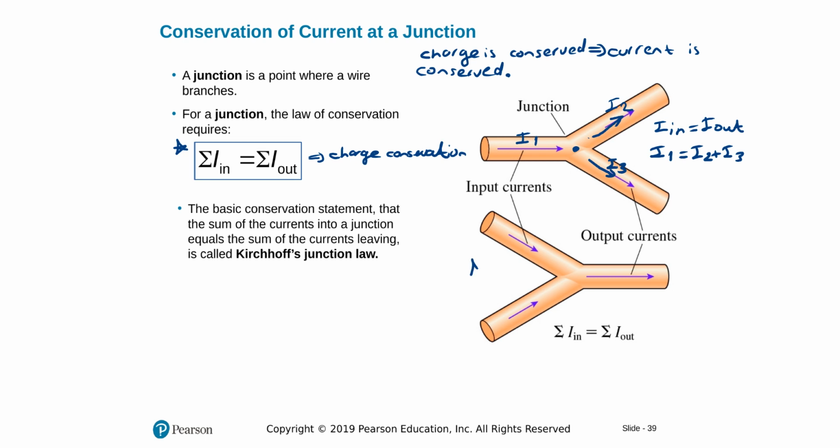Over here in the second case we have 2 currents in, let's call them I1, I2, and I3 comes out, then we will say I1 plus I2 in currents are equal to I3 out current.